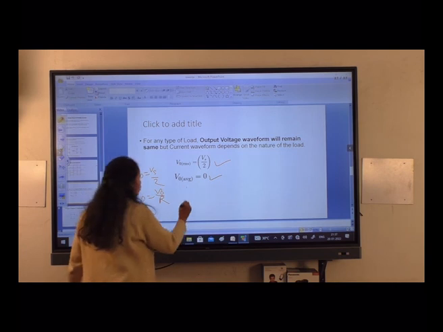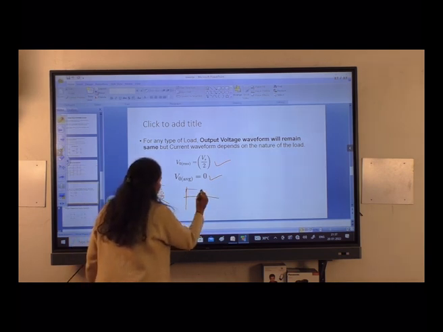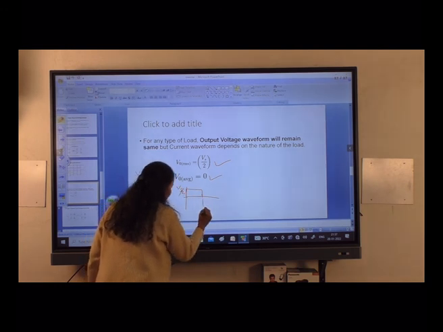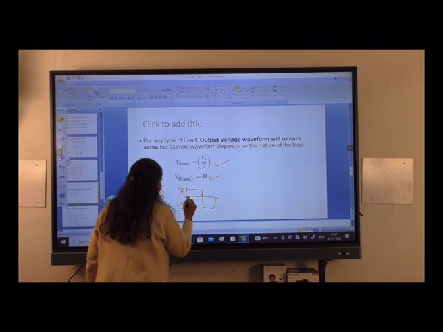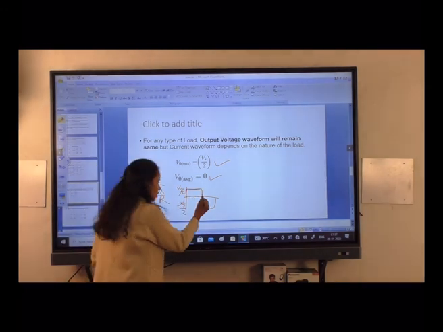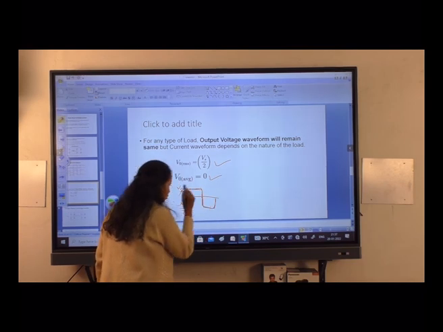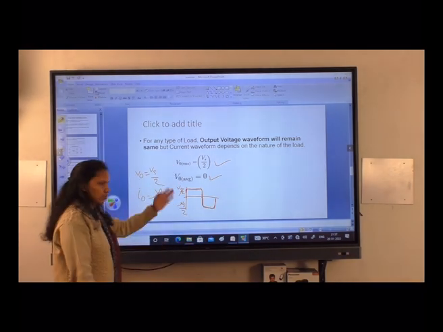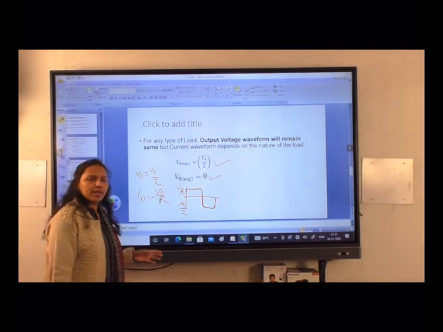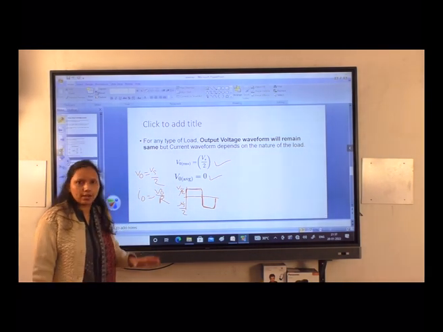Why is the average 0? Because in the positive half it is Vs by 2, and in the negative half it is minus Vs by 2. Whatever magnitude is in the positive direction is also in the negative half, so the average is 0. So you have clearly understood the single phase half bridge inverter.